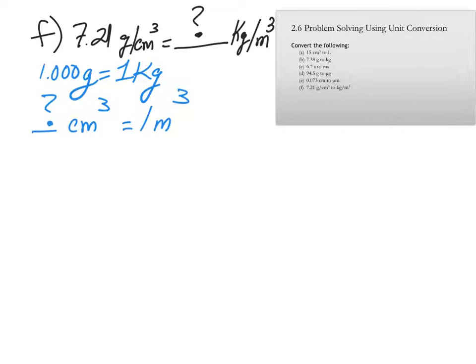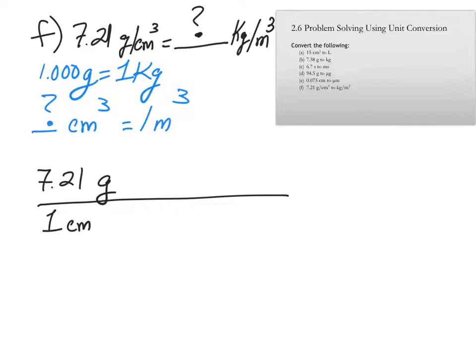So let's write this out. We've got 7.21 grams per each cubic centimeter. This is ultimately density of some object. What I would do first is get rid of the grams, convert it to kilograms, because that's the easiest thing. So 1 kilogram for every 1,000 grams. Or again, I would probably prefer to write it in scientific notation, 10 to the 3rd grams.